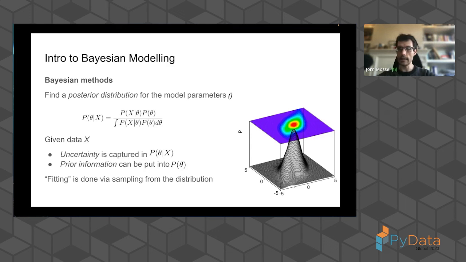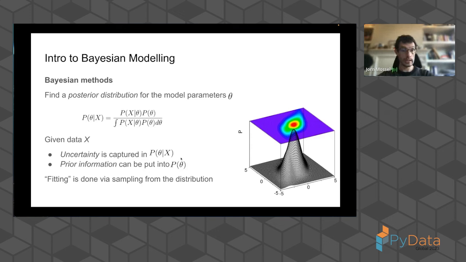The equivalent in non-Bayesian methods is that we just find only this maximum. Here in the Bayesian method, we're interested in the entire distribution, so we want to capture the whole thing. That's going to be a bit more work, actually, and we're going to leverage PyMC to do exactly that.